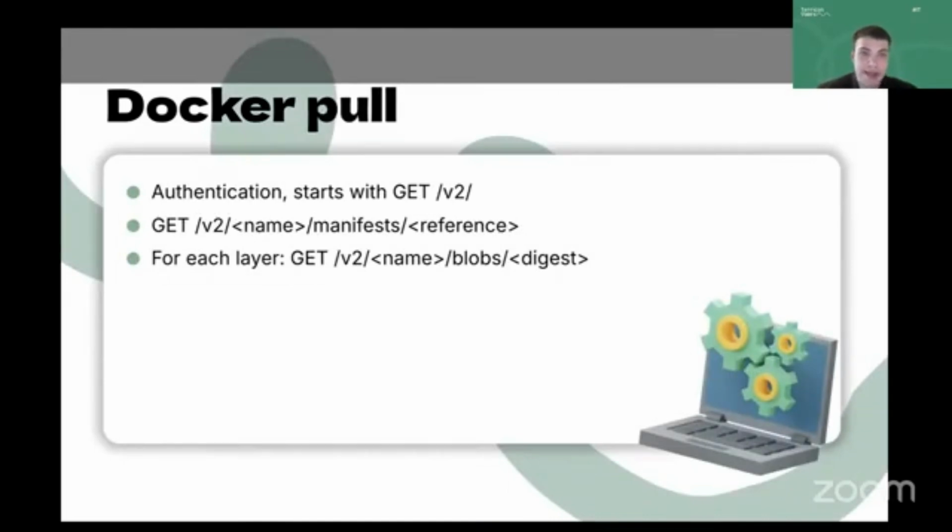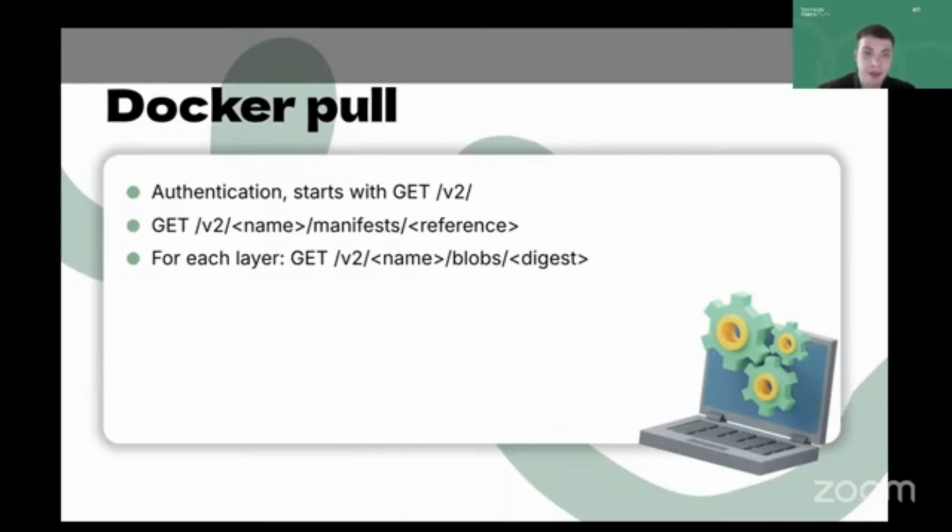So let's examine the workflow of a docker pull command. The first thing that the Docker client does is start the authentication flow by calling the get /v2 endpoint. Don't worry, we will look at the details of the Docker registry authentication process a bit later. Now just focus on the overall structure.